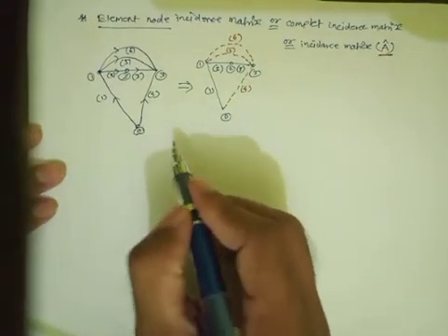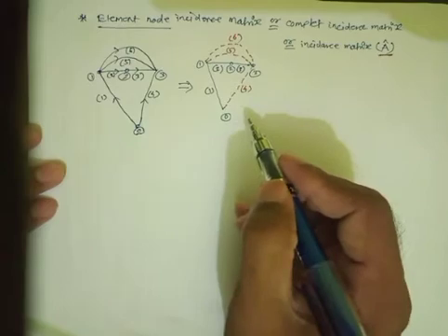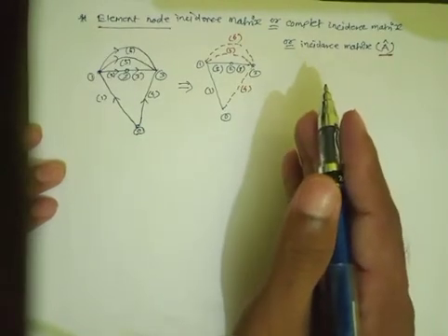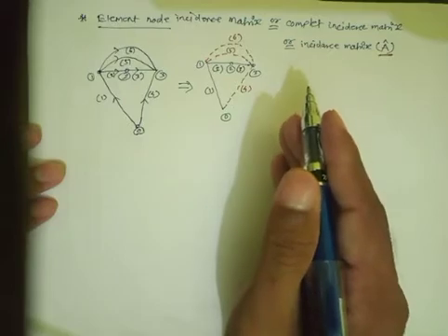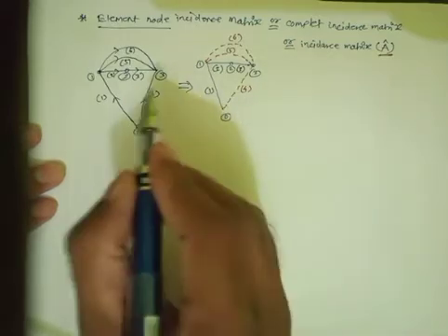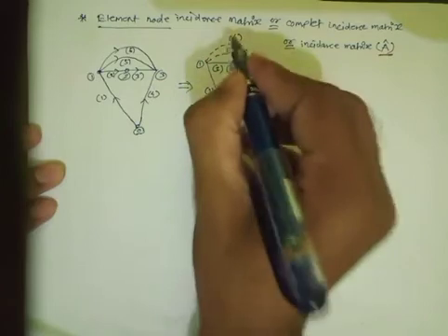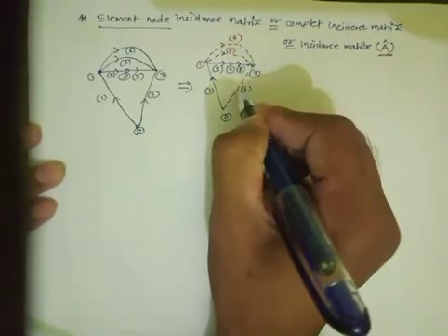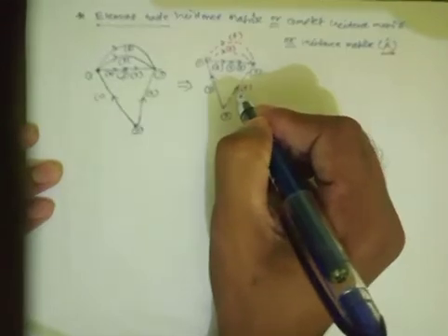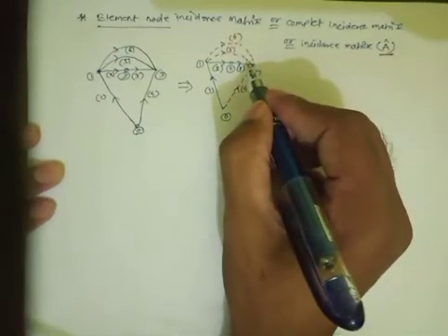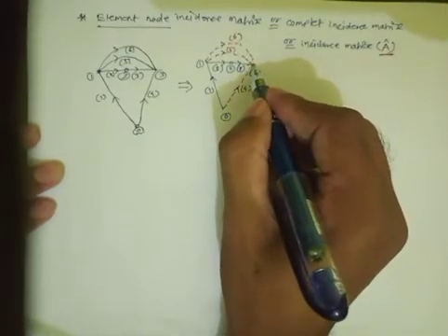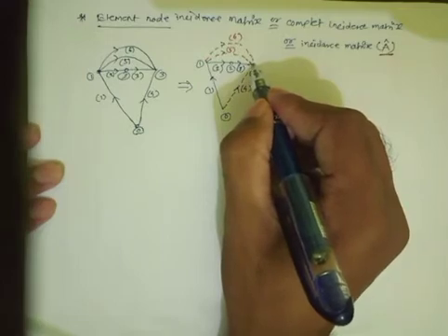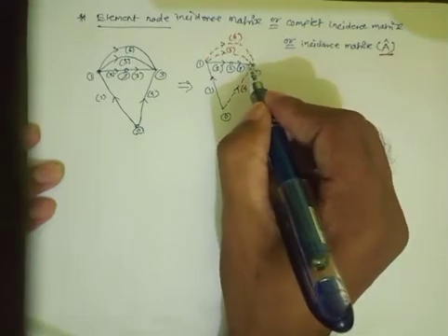Okay, now an element is said to be incidence on a particular node if this node is a terminal of the element. Okay, means suppose any one element, so these are the suppose directions, orientations. So any one element is said to be incidence on a particular node if the node is terminal of the element.